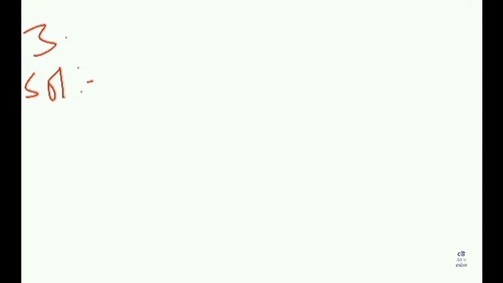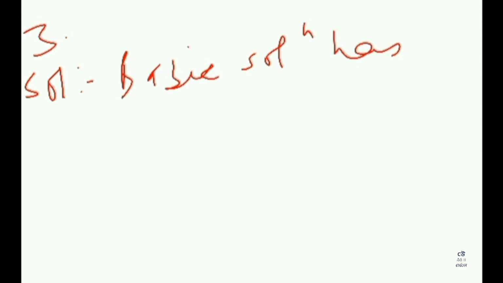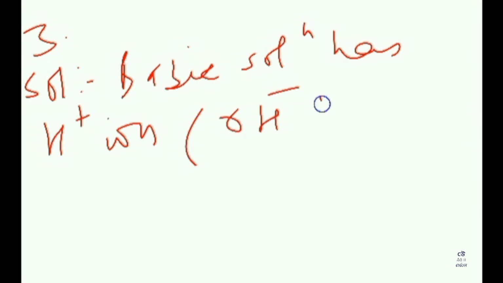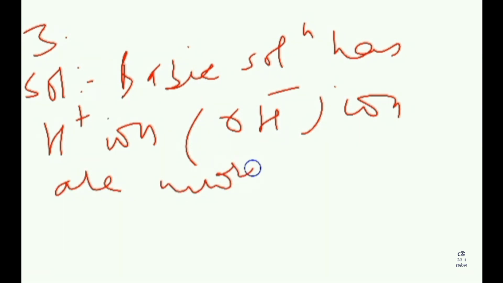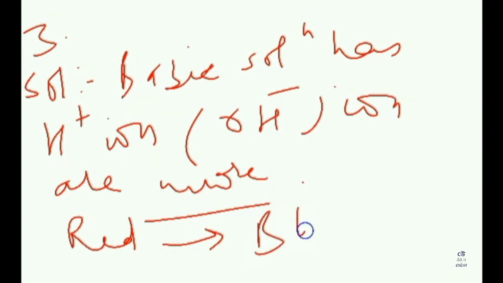So we'll say that basic solutions have H plus ions, but hydroxide ions present in basic solution are more. Hence, hydroxide ions are responsible for turning red litmus paper to bluish in color.